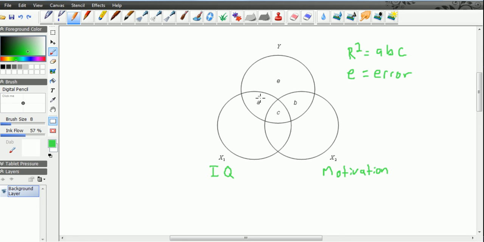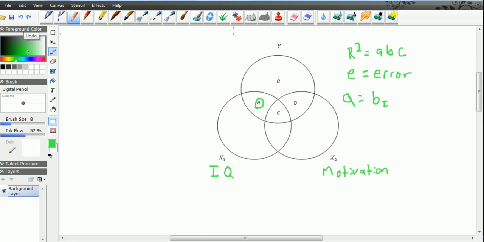A would be similar. It's not quite this, but we could think of A as basically being our regression coefficient for IQ. Now, why not A and C? Well, because C is overlapping with motivation, so we're controlling for that. That's why that is omitted.